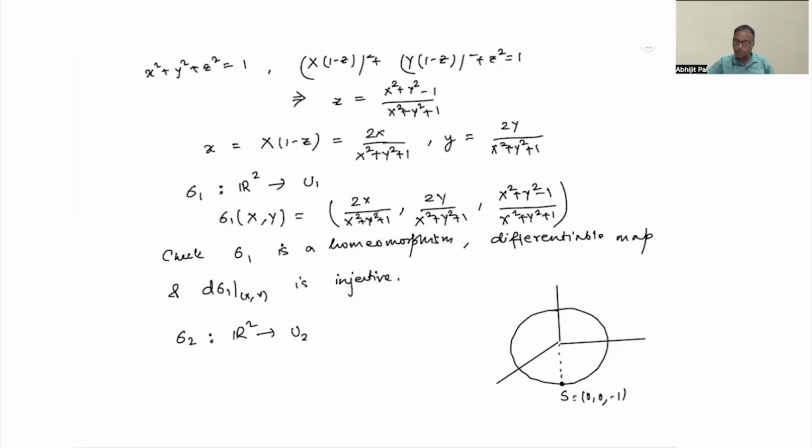So you take the straight line coming out of the South Pole like this. So again, it will intersect the sphere at one point and then the plane at this point (X, Y, 0).